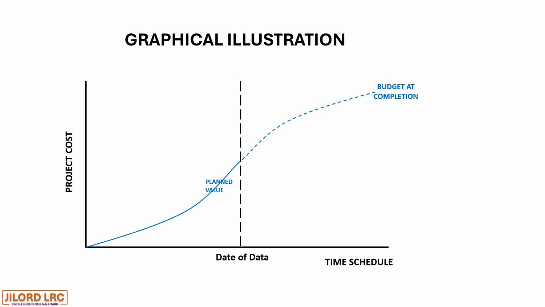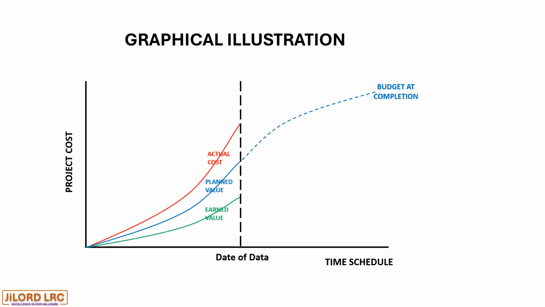So at the date of data, you would then determine the value or the budget that has been exhausted. Now, at the date of this data, we can determine the actual cost so far used.